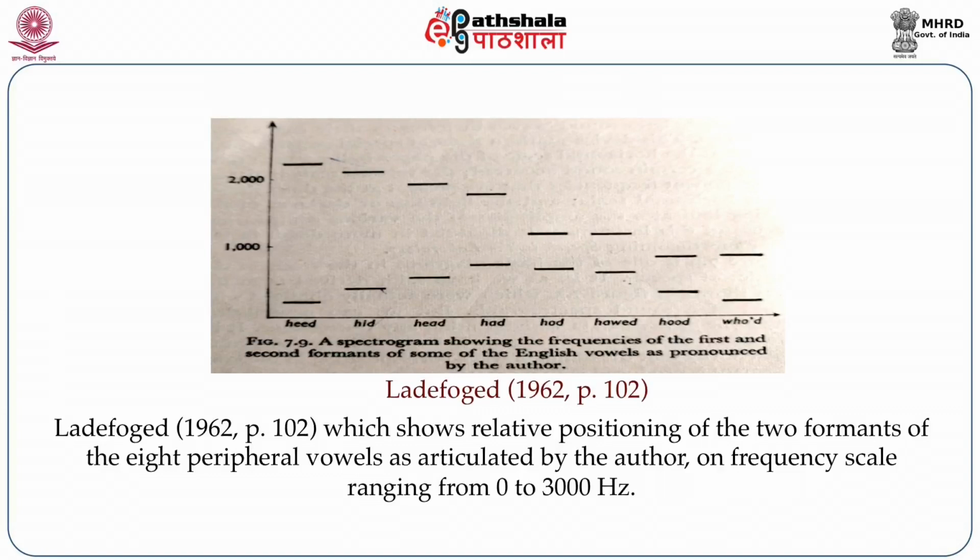Now this is a kind of representation, not a spectrographic representation, only the formants and frequencies of these 8 vowels put together. A graphic representation, only the frequency scale is used, and you can see that the front vowels have F1, F2 quite far apart as we move from the high vowel to the lower vowels.